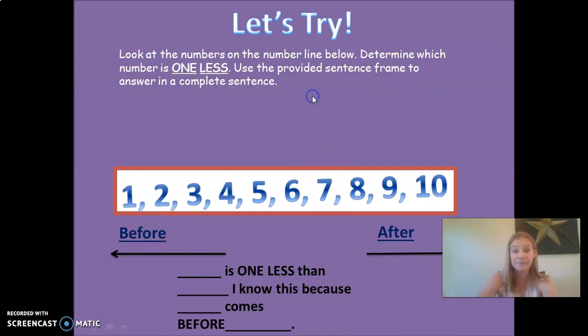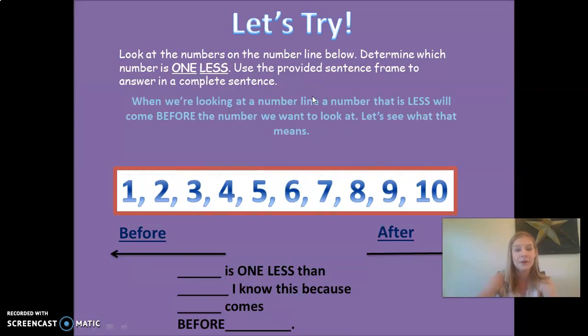Let's try again. Here's our number line. We want to look at the number 6. So just like before, we need to know which two numbers come right before and right after the number 6. So before is over here to the left, after is to the right. So 5 and 7. Now we want to know which of these two numbers, 5 or 7, is one less than 6.